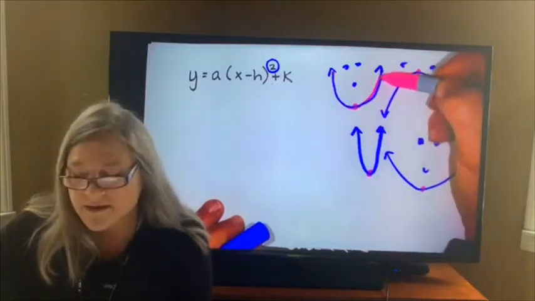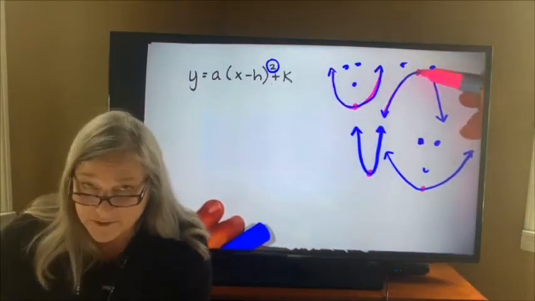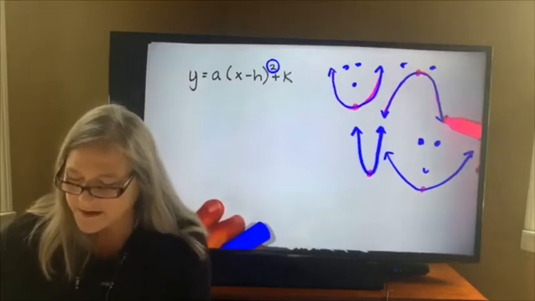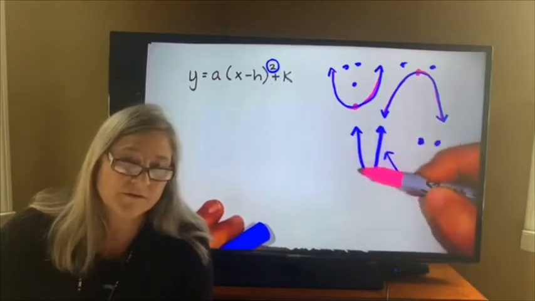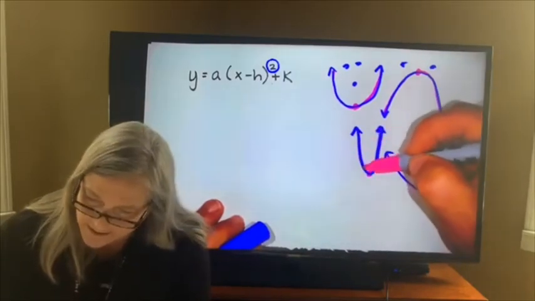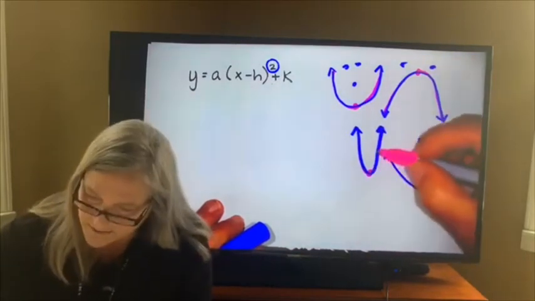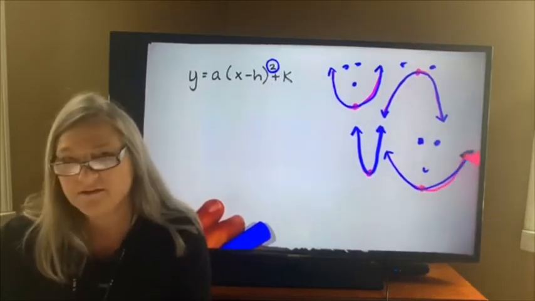It starts going back up. So here we go. Vertex. What happens? It starts changing directions and going down. So what we know is at the point of the vertex, that's where the parabola changes direction. So it's going down, then vertex. That means it has to change direction, go up.